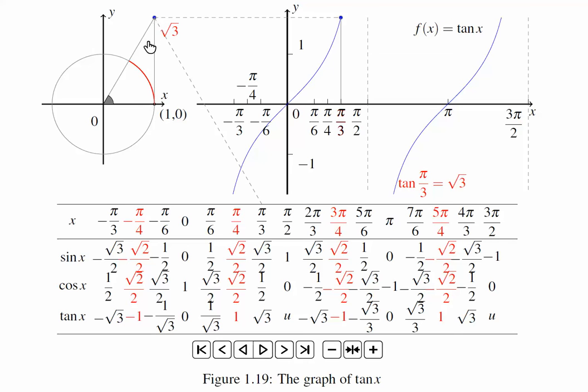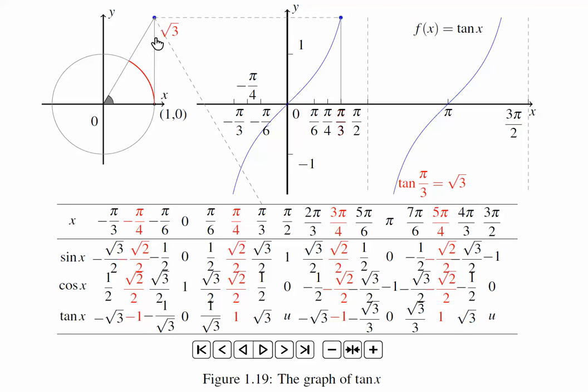And then this leg has to be radical 3, because radical 3 squared is 3, plus 1 squared is 1, which gives us 4, and the hypotenuse is 2, and 2 squared is 4. So graphically, we know this vertical line segment is actually the value of tangent.